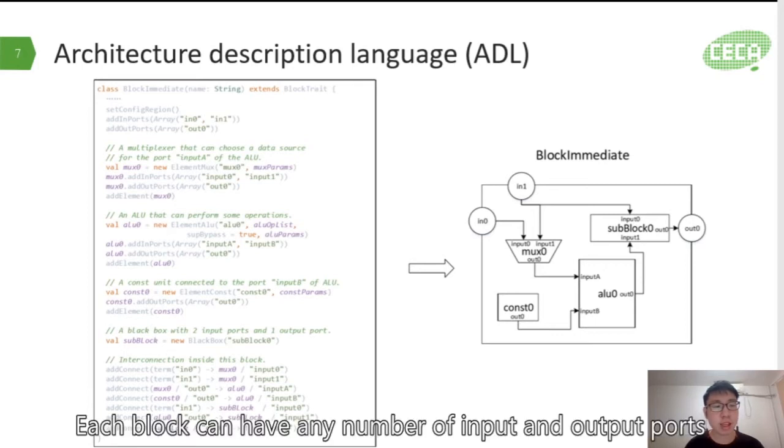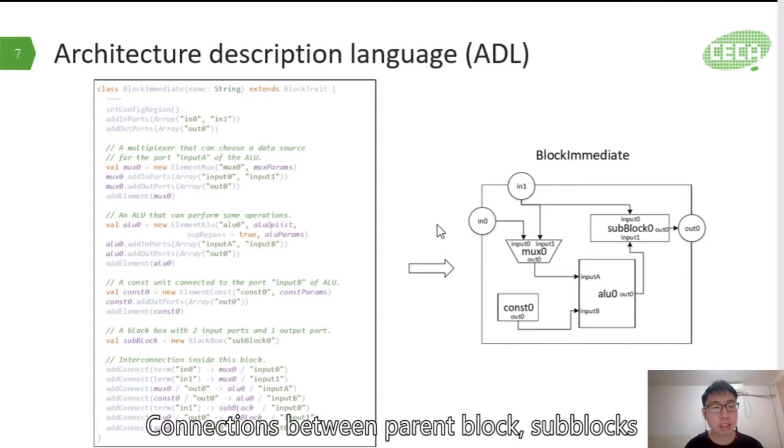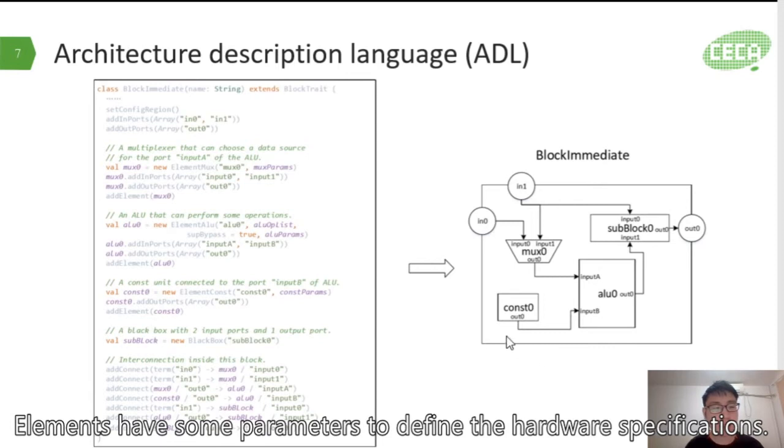Each block can have any number of input and output ports through function calls. Connections between parent blocks, sub-blocks, and elements can be added in a particular form. Elements have some parameters to define the hardware specification.